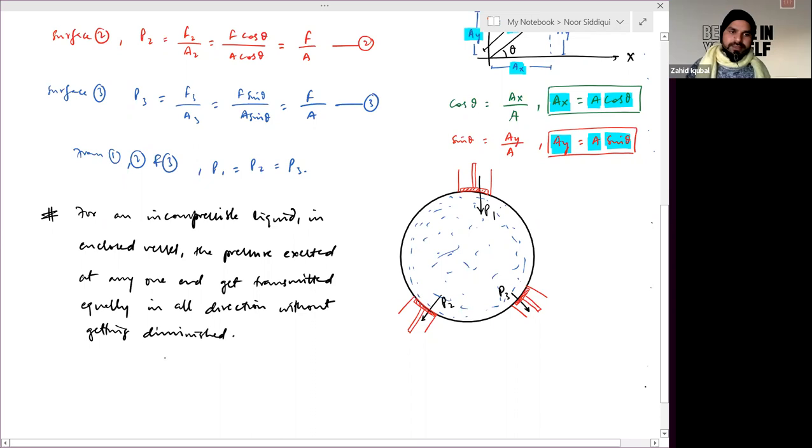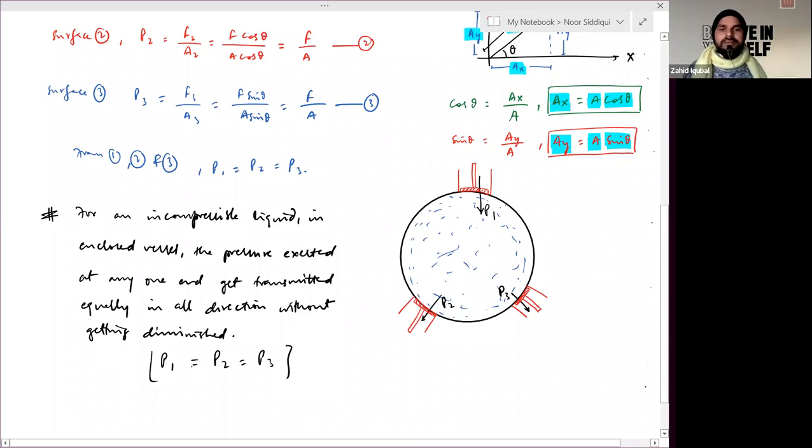It means this vessel is enclosed and this liquid is incompressible. So we have exerted P1 pressure from any one side, so this will be equal to P2 as well as P3.